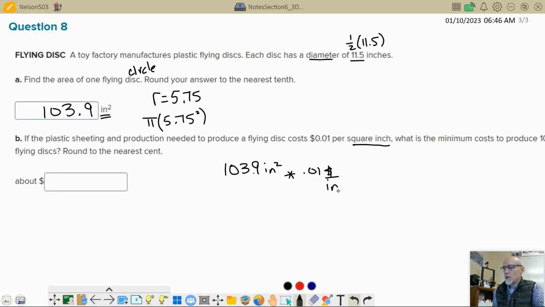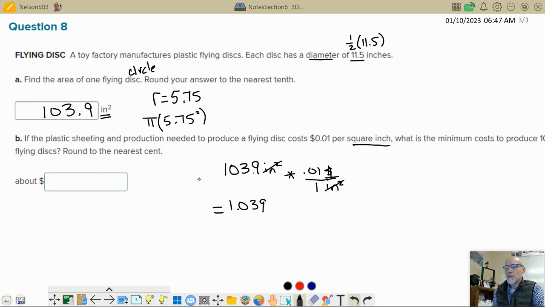What happens when we multiply is that this is like over 1 square inch, so I could divide before I multiply. When I divide the square inches into square inches, those units cancel out. And so now we're down to just straight up money. When you multiply by 0.01, it moves the decimal over 2 spots.